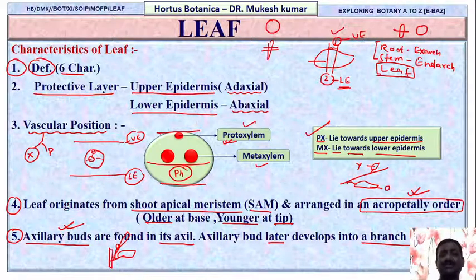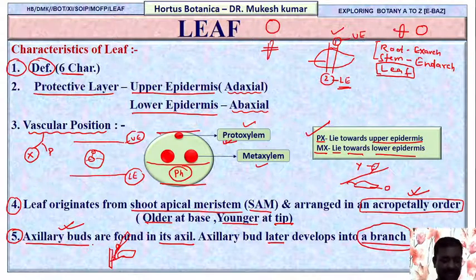Yes, on a stem; first a special structure forms, and that structure is called the shoot apical meristem, isn't it? That will grow. How will it grow? It will grow in acropetal succession, meaning the larger leaf will lie at the bottom base while the smaller one is at the tip. This is called acropetal succession. An axillary bud will be found in the axil, and the axillary bud may later develop in the form of a branch, where we can find a number of leaves, isn't it?